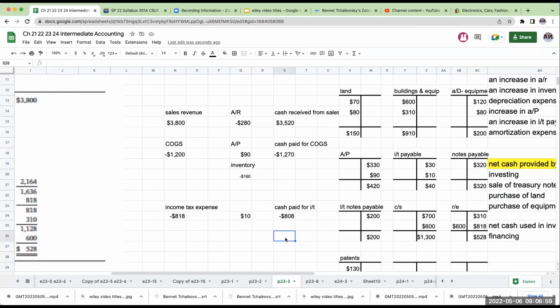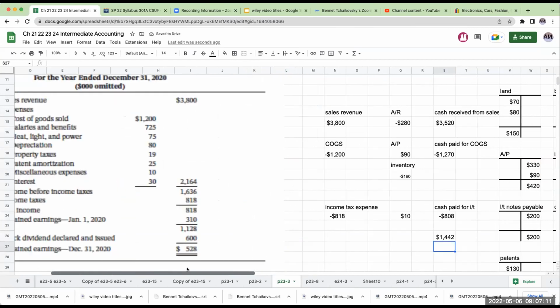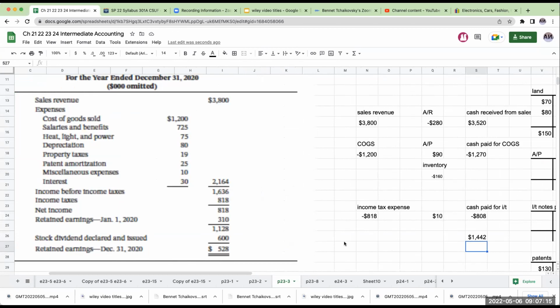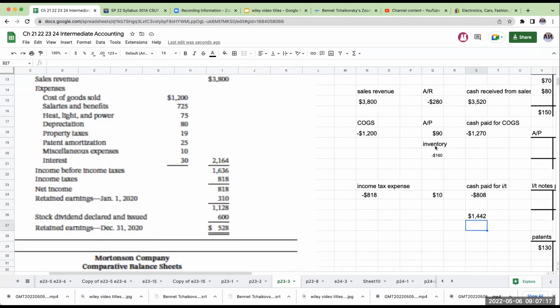Now, we know that when we add these numbers up, there's a magic number we are trying to get to, and I did not get us to that number. Let's see why. What was the mistake that I made?